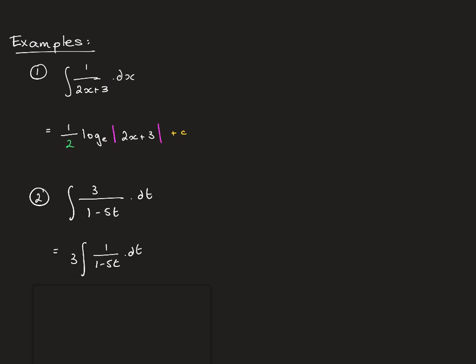Now remember, our a value is the coefficient of our variable, so in this case our a value is -5.